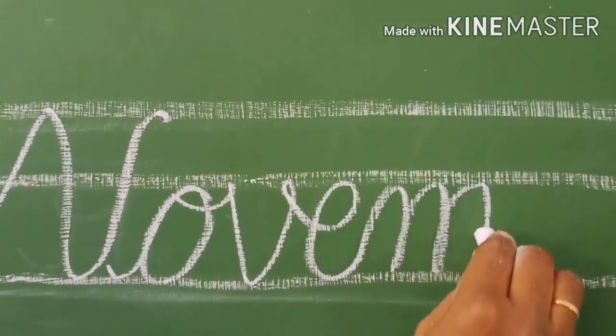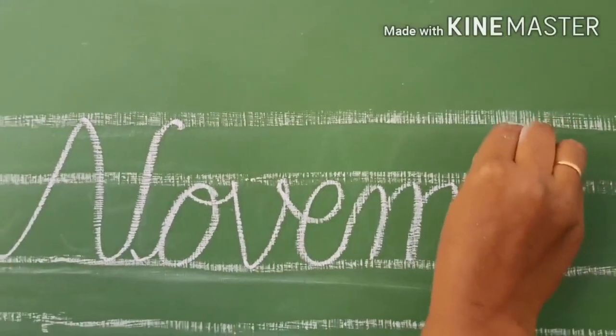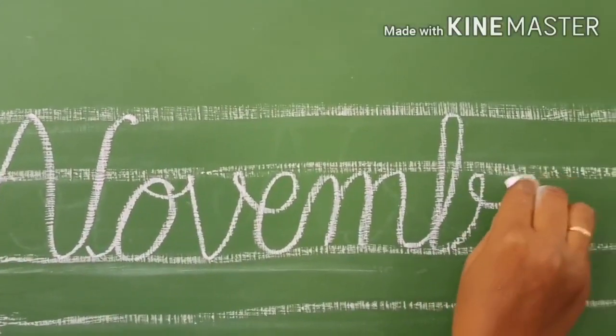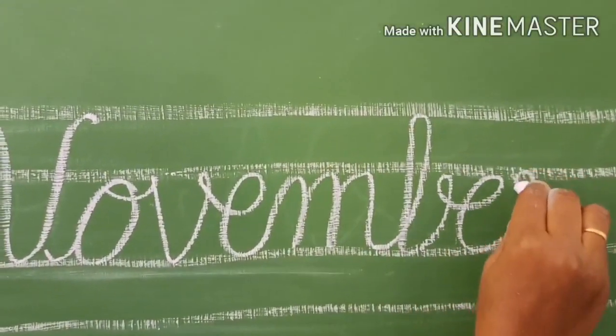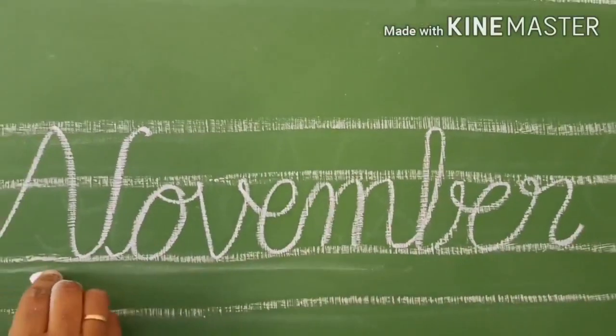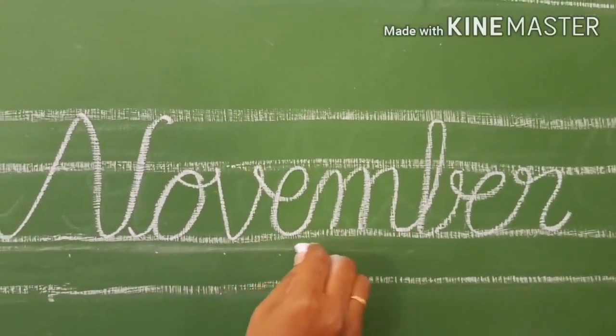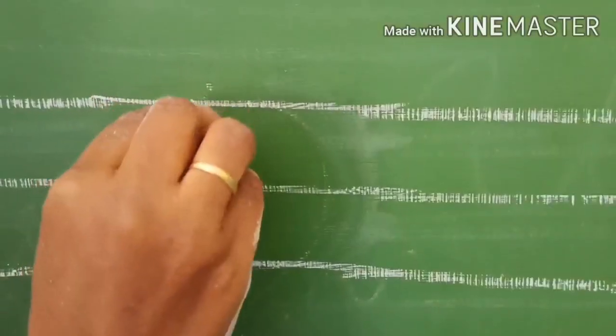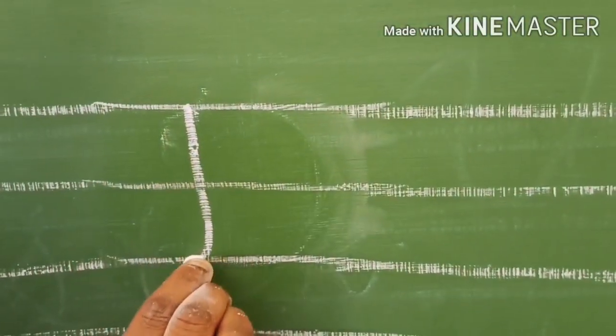M, you should touch the middle line and base line. B, you should touch the top line, middle line and base line. E, you should touch the middle line and base line. R, you should touch the middle line and base line. November. December is the last month of the year.